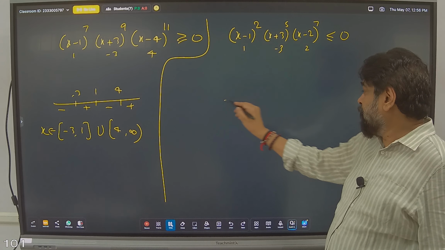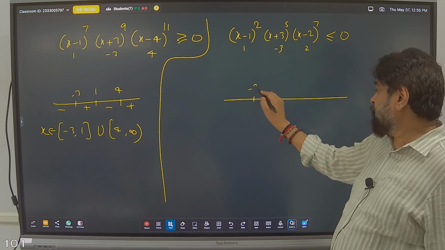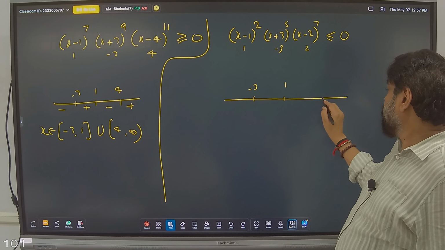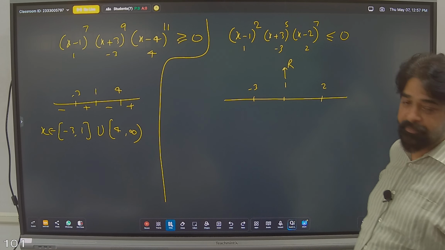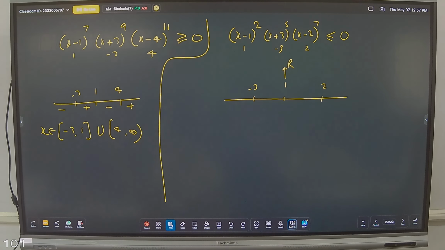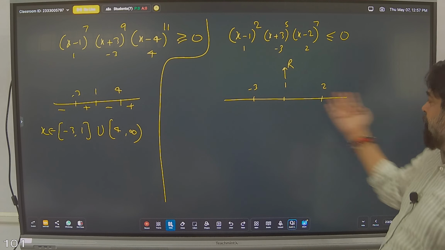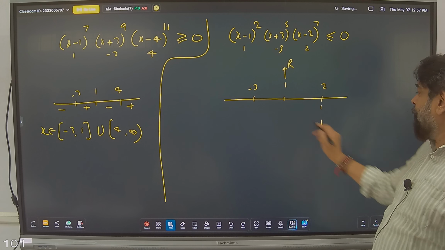Now plot it. Smallest, minus 3. Then 1. Then 2. But 1 is a repeated critical point, just mark it as repeated. Till now, nothing great I did. I just wrote the critical points and plotted them. After the largest critical point, positive sign.